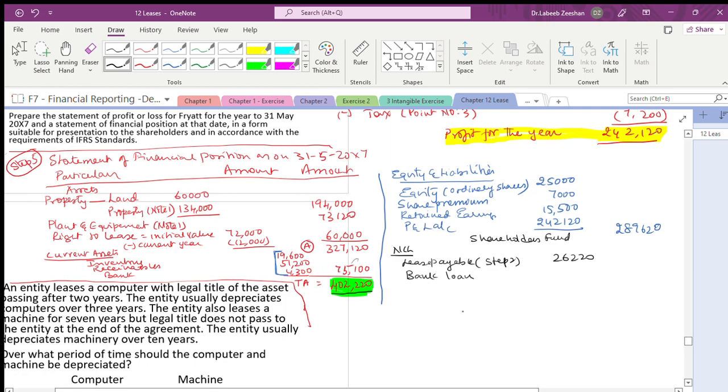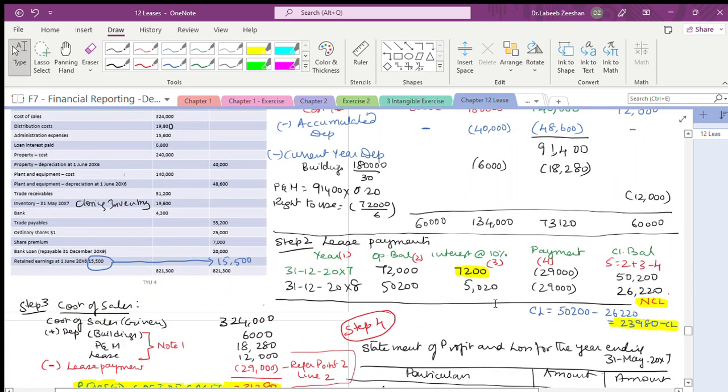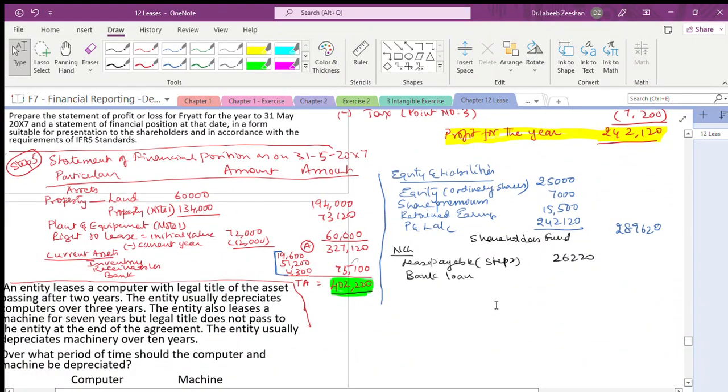You have the bank loan. How much is the bank loan? 20,000. If you add 46,220 to 20,000, is it right?